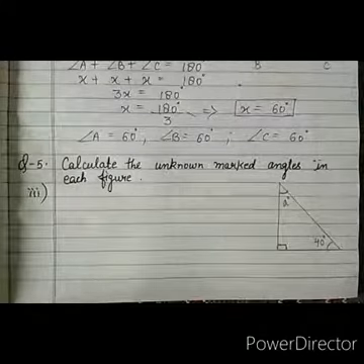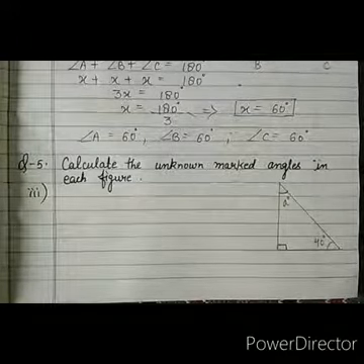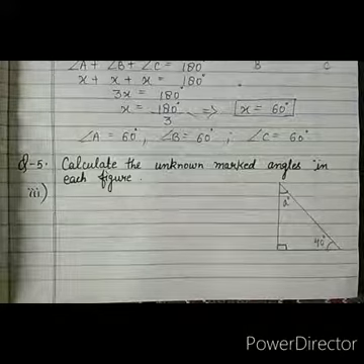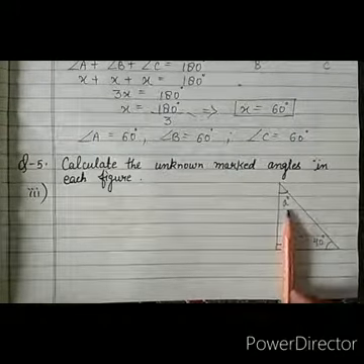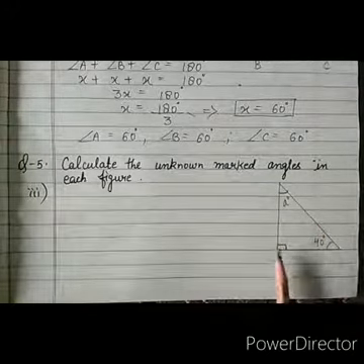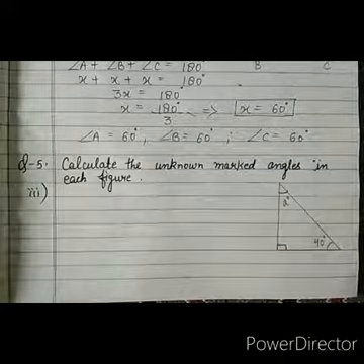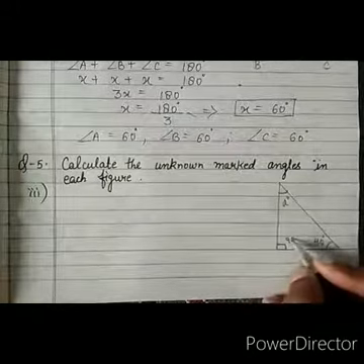Now the next question is question number 5. Calculate the unknown marked angles in each figure. Here we have a figure in which this is the unknown angle, which is A degrees. This angle is 40 degrees, and this is the marked angle, and this symbol shows that this is a right angle, meaning 90 degrees.